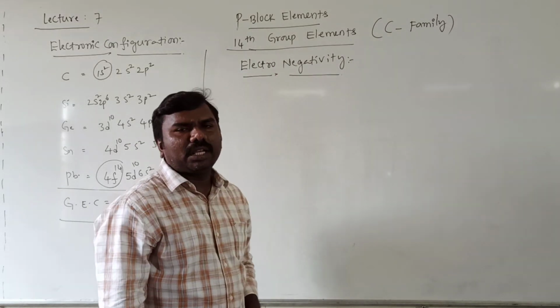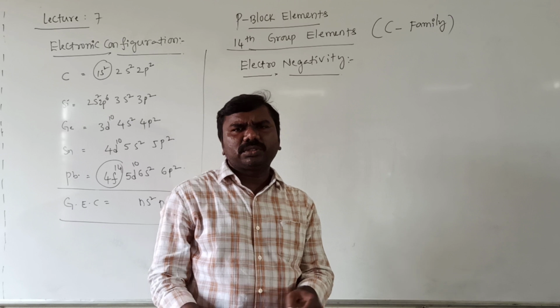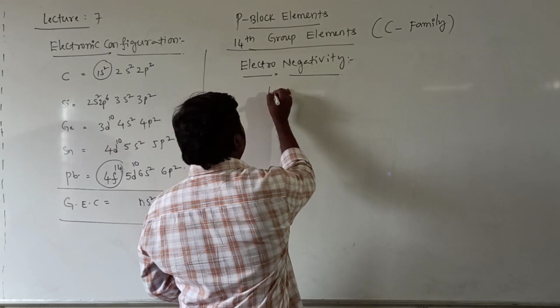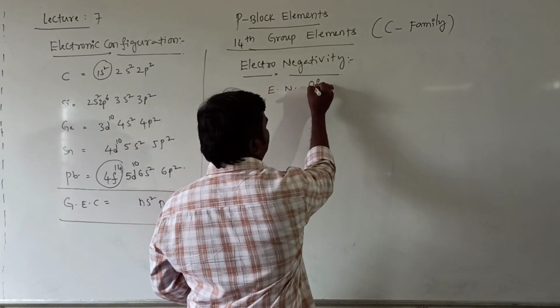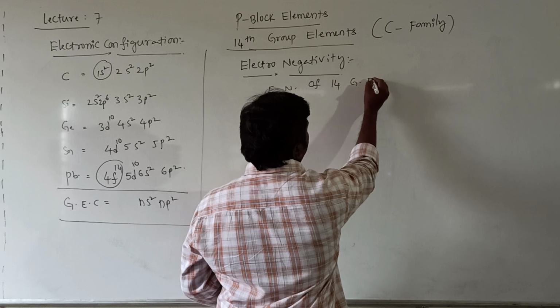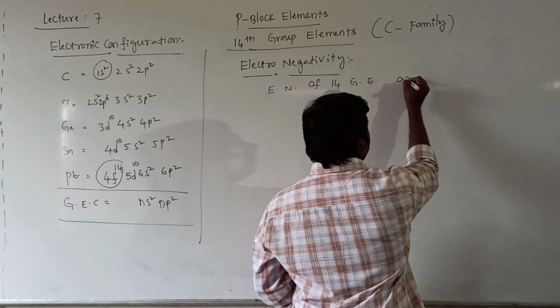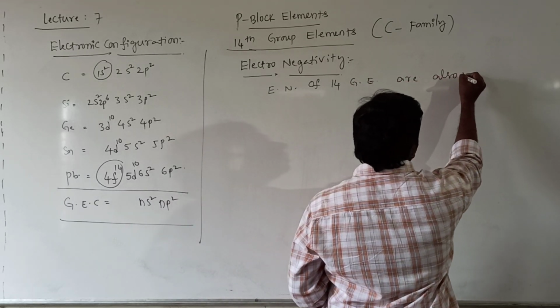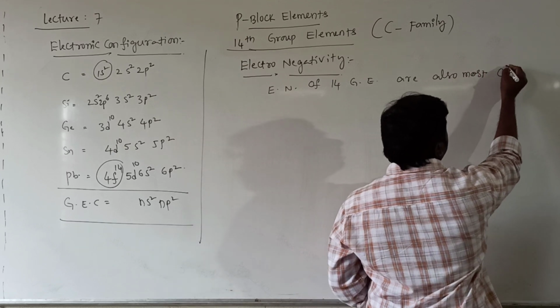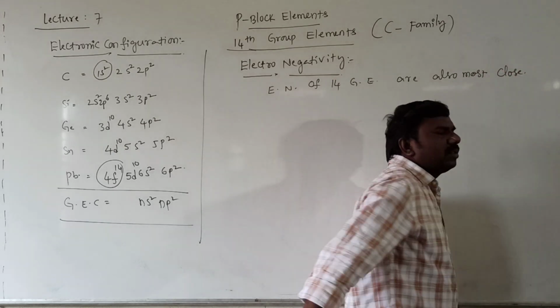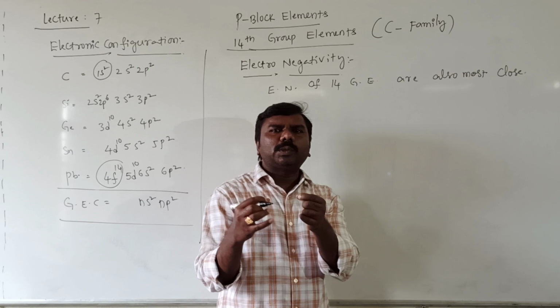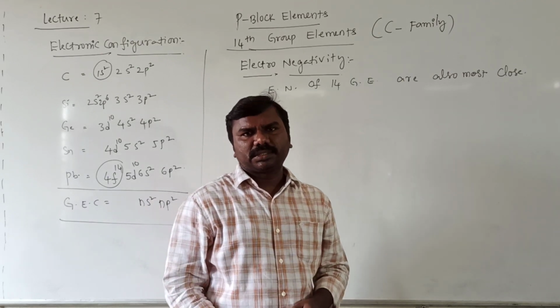Electronegativity of 14th A group elements are almost close, the same also, because there is a closeness in the atomic size.